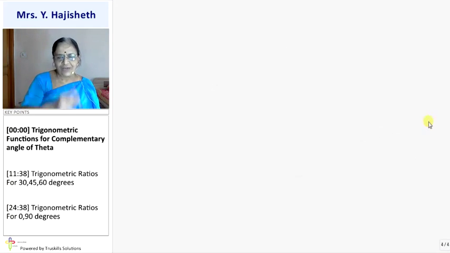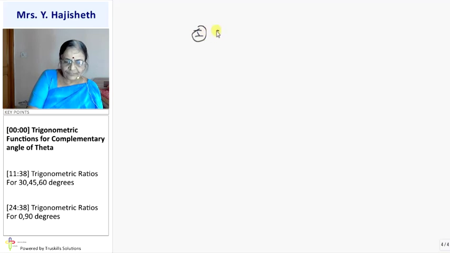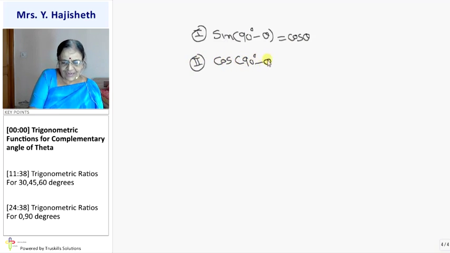So altogether, we have these 6 results. First one is sin 90 degree minus theta is cos theta. Second is cos, vice versa. Cos 90 degree minus theta is sin theta. Third result is tan 90 minus theta is cot theta.